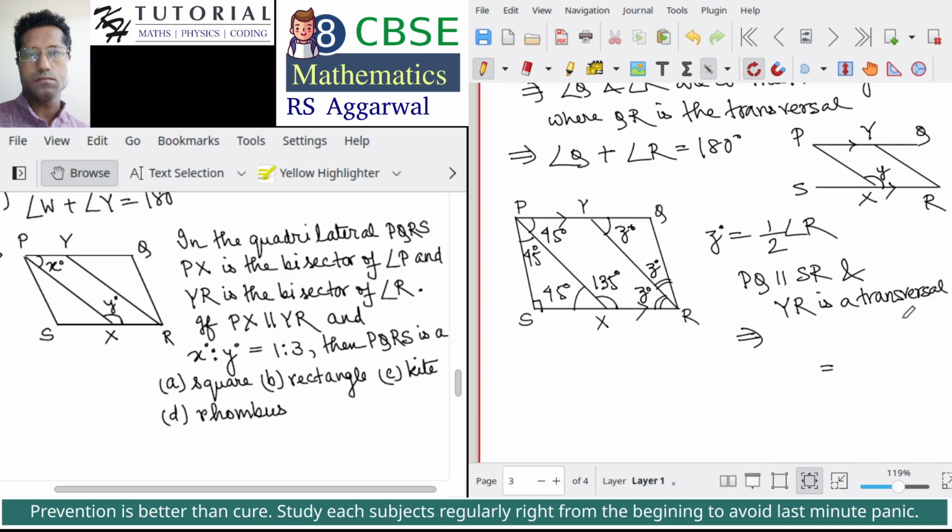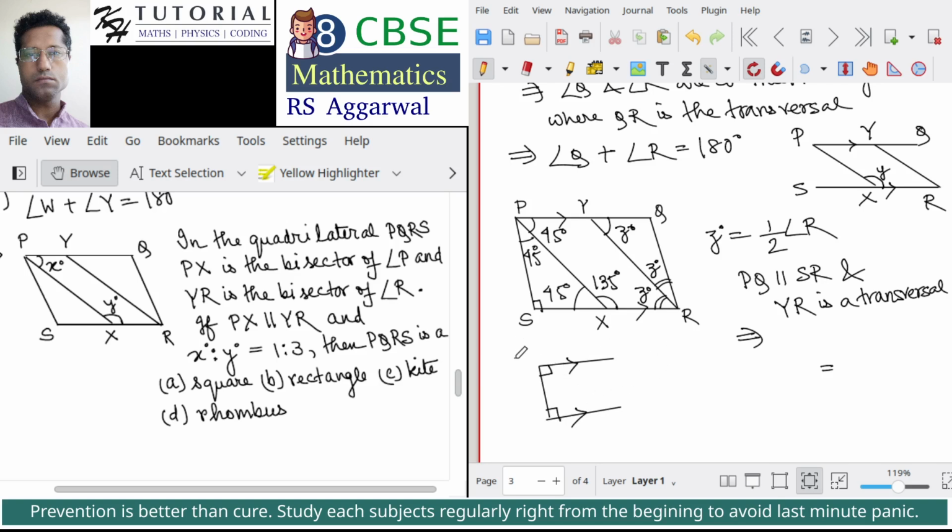How do I find Z? Now definitely we know that PQ is parallel to SR, and so far we have got this information.